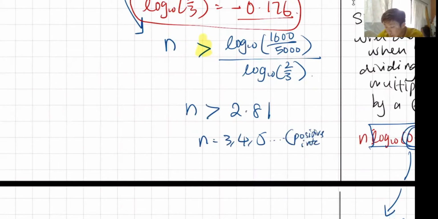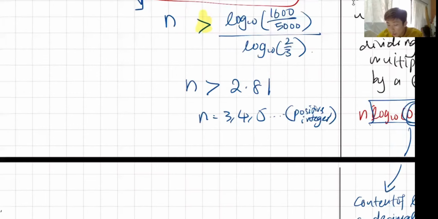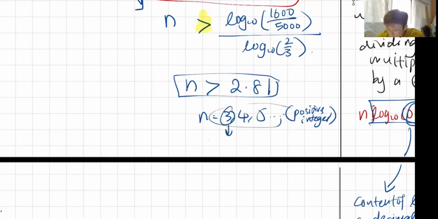Integer basically means it's like a whole number, not decimal and fraction. So it can be 3, 4, 5 and so on. It starts from 3, not from 2, because the condition set already, n must be bigger than 2.81. So it cannot be 2. It must start from 3. So what is the smallest number for this range? It is actually 3. So n is equals to 3.